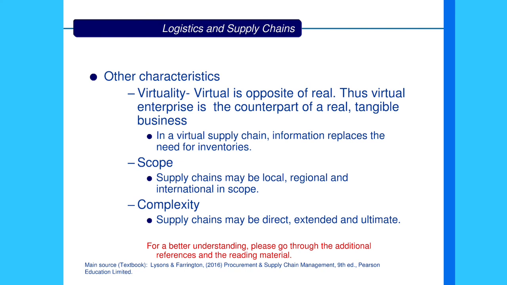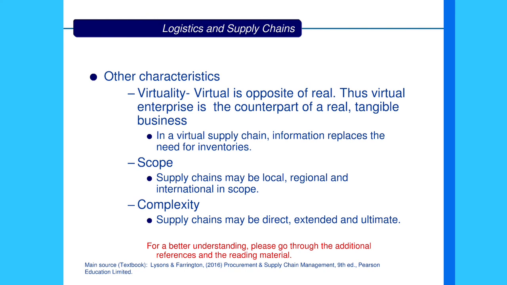And then according to complexity, also you can classify supply chains. Supply chains may be direct, where there are no intermediaries, meaning very little intermediaries, between the supplier and the customers. Then extended, there are some key intermediaries, and ultimate, there are multiple parties who are involved.